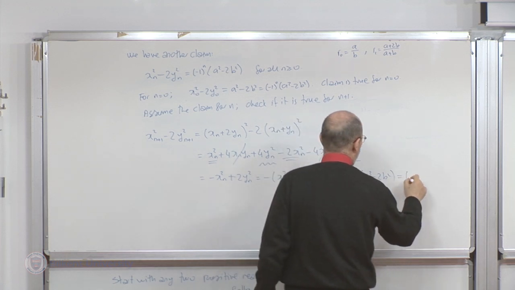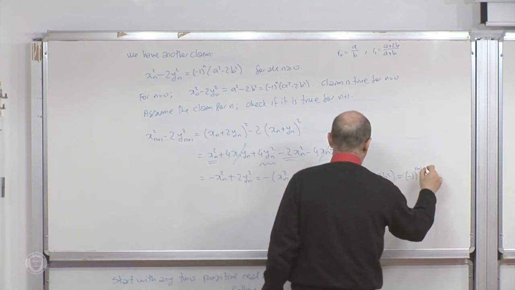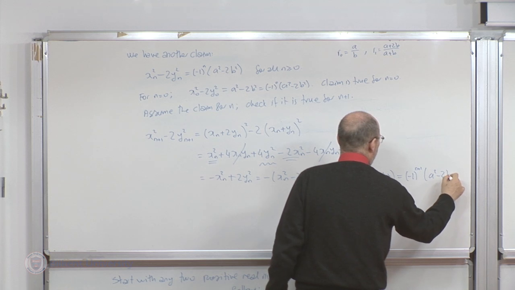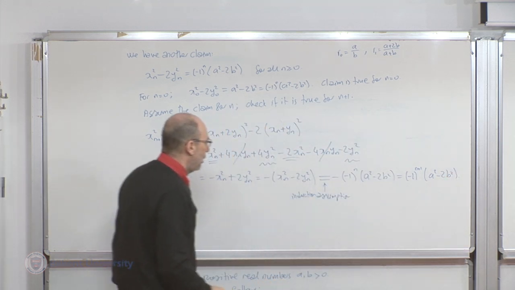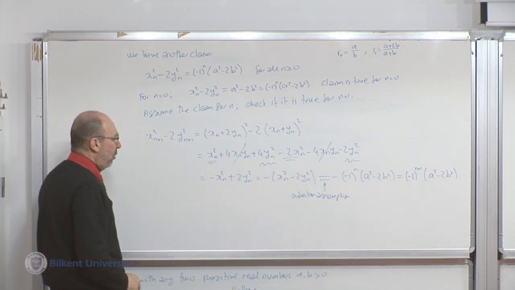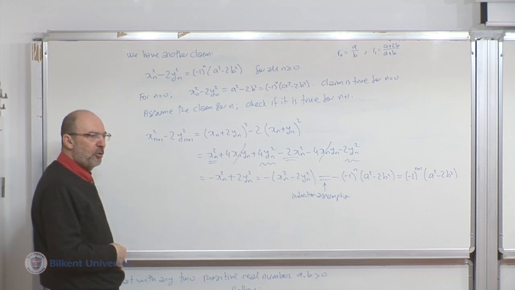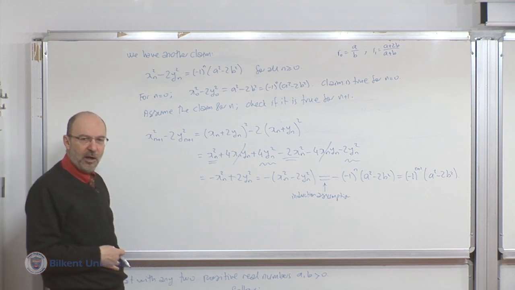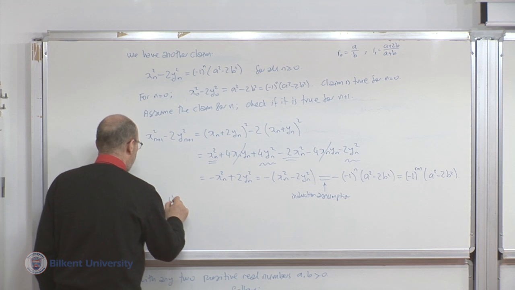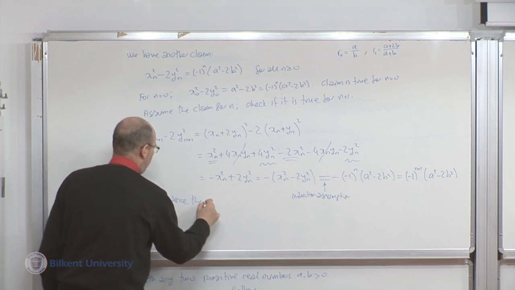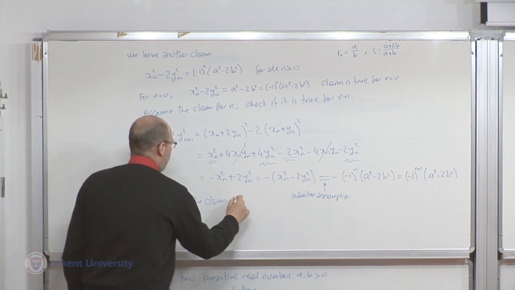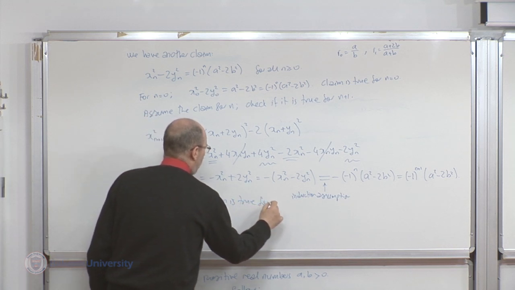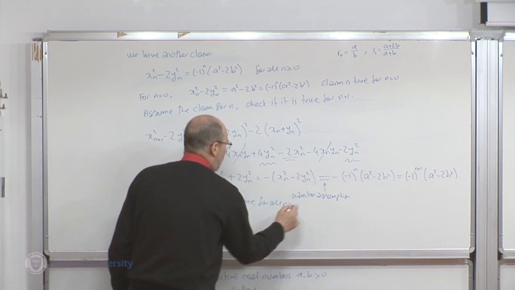Okay, so that is now (−1)^(n+1) (a² − 2b²). So this proves that the claim is true for n plus 1. So, okay, hence the claim is true for all n larger than or equal to 0.